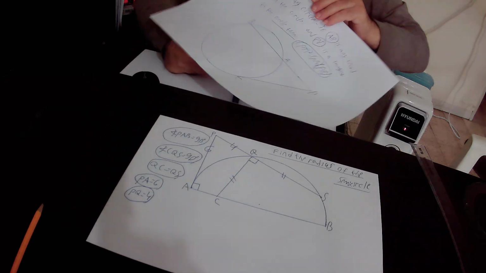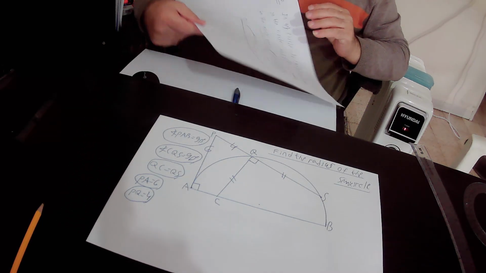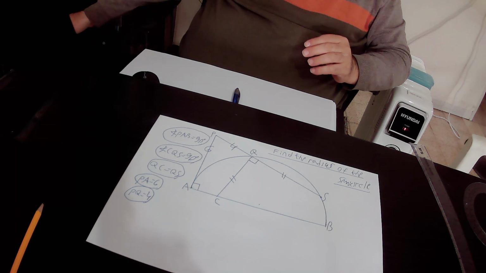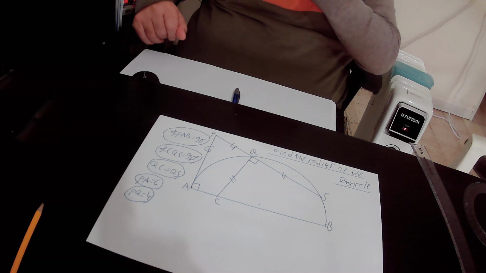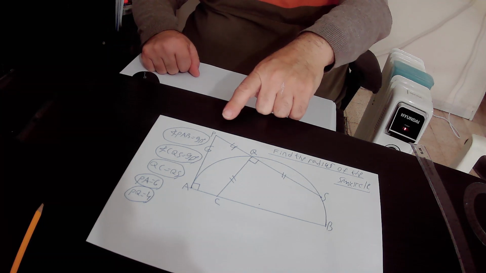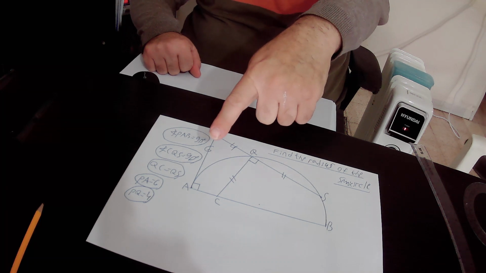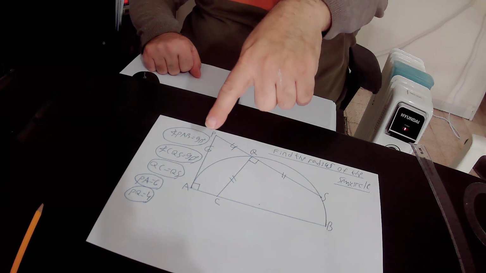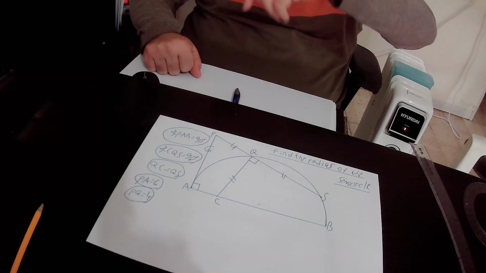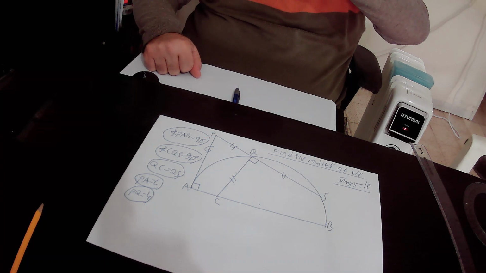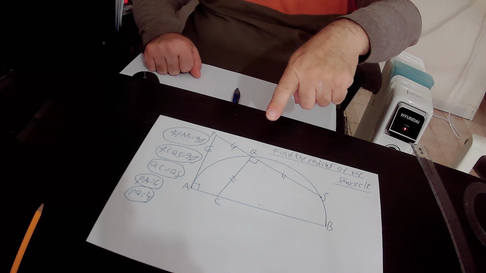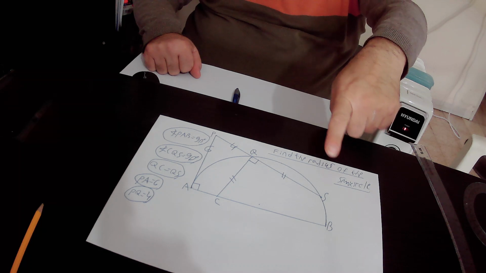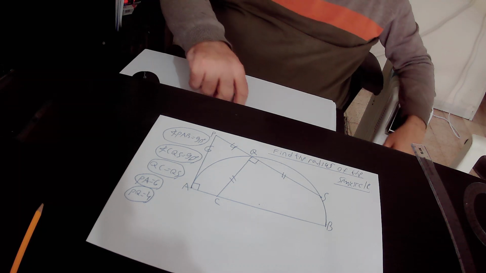We can actually implement rule number 10 in our drawing. Why? Because if you focus at point P, we have tangent PA, it's tangent to the semicircle at point A, and we have line segment PS that cuts the semicircle at points Q and S. Therefore we can implement here rule number 10.